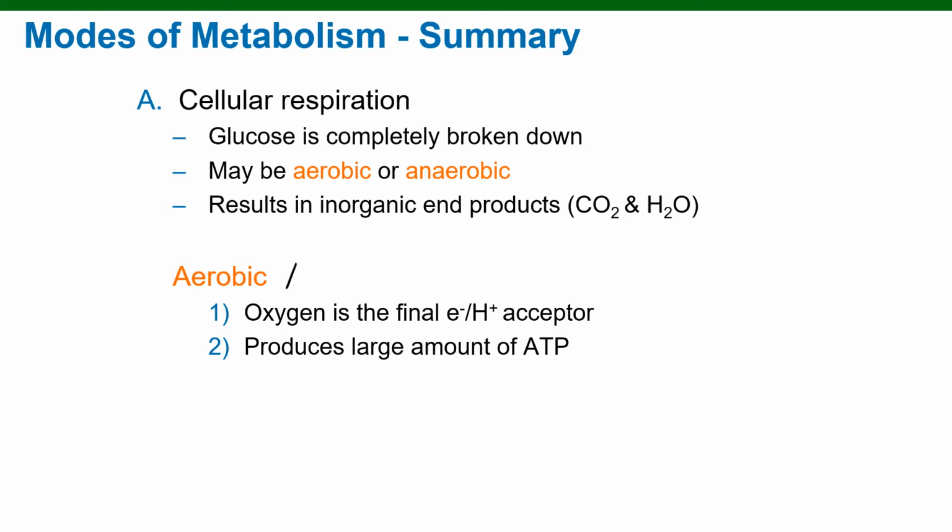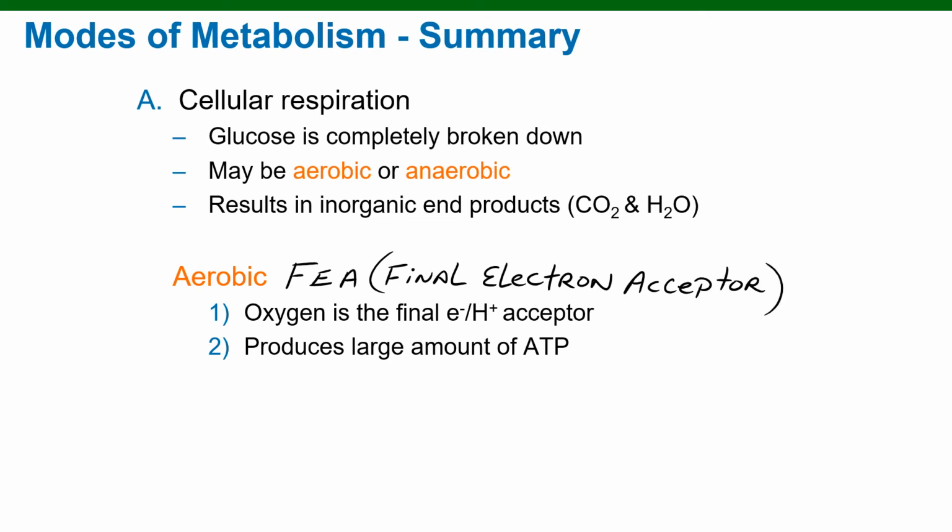The final electron acceptor, or FEA, involved in respiration is either oxygen, as in O2, if it's aerobic, and then anaerobic forms of respiration may use other molecules besides O2, such as sulfate, or carbonate, or nitrate. And although sulfate, nitrate, and carbonate contain oxygen, they are not actually O2, as in molecular oxygen.